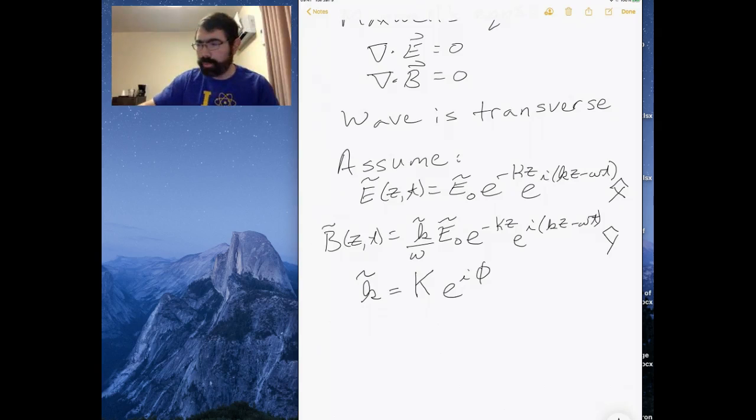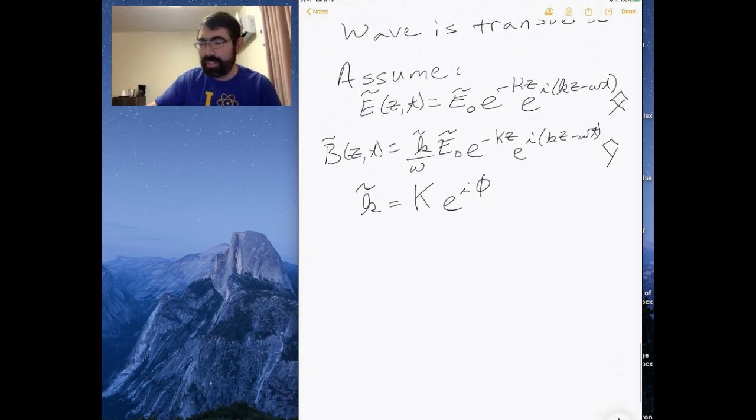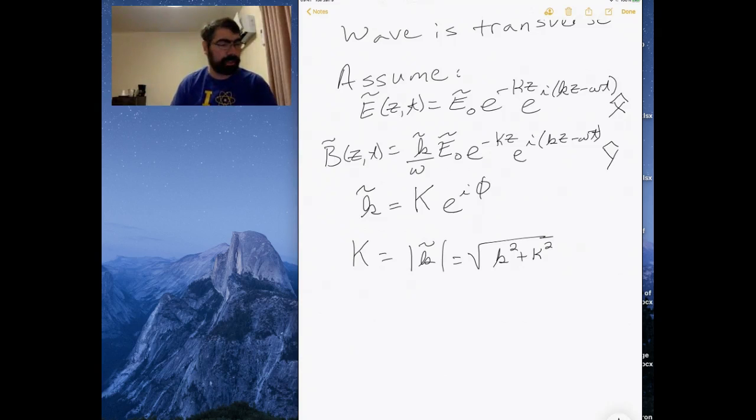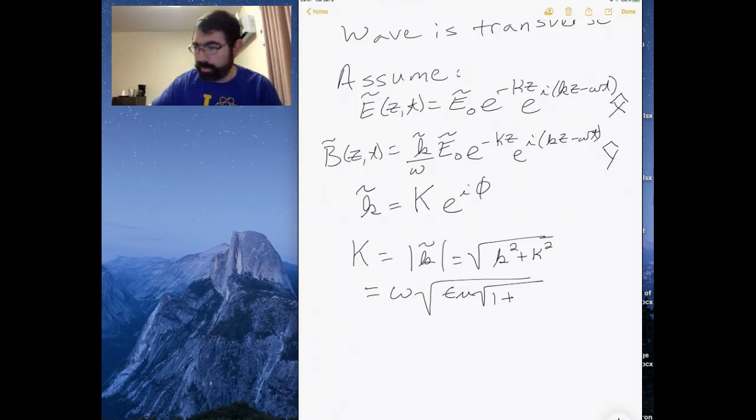Then capital K is equal to the modulus of k tilde, which is the square root of the real part squared plus the imaginary part squared, just applying Pythagoras' theorem. This is equal to omega square root of epsilon mu, times the square root of 1 plus quantity sigma over epsilon omega, squared.